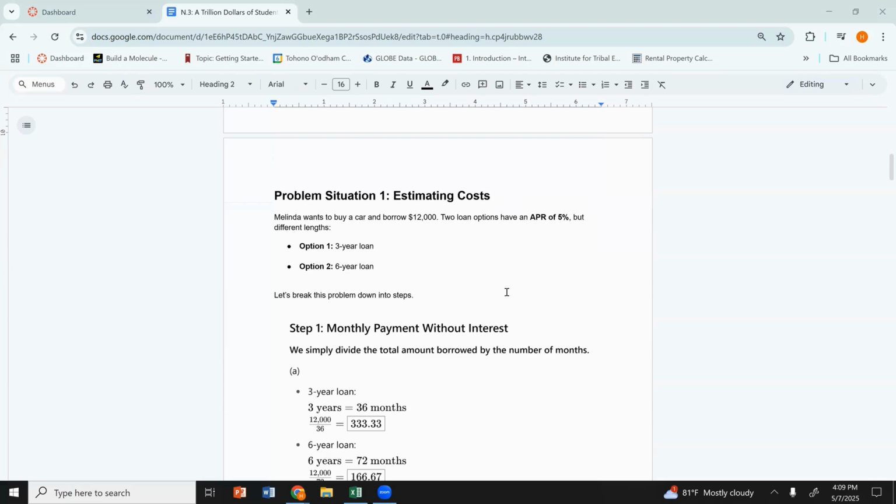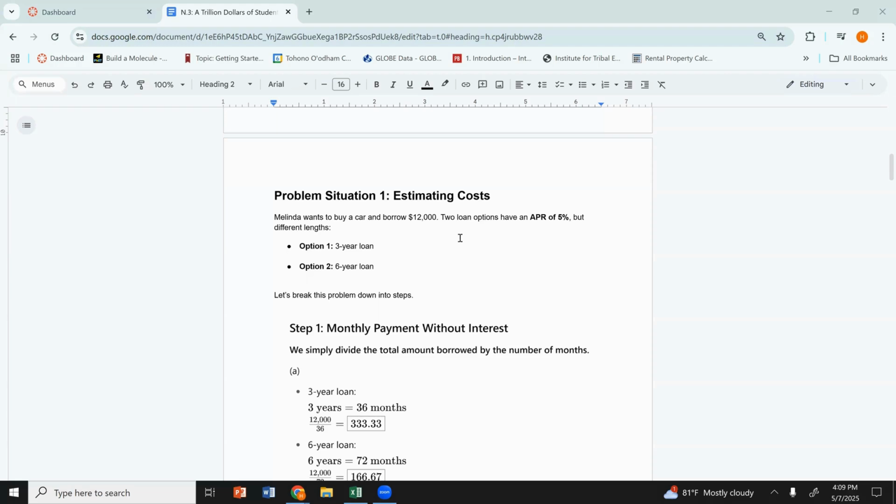We're going to base our work example on this situation here. Melinda wants to buy a car and borrows $12,000. She has two loan options available, okay?